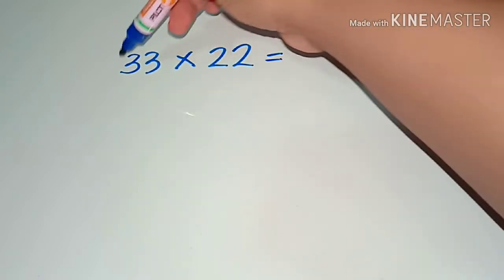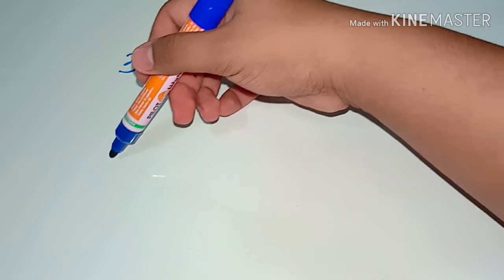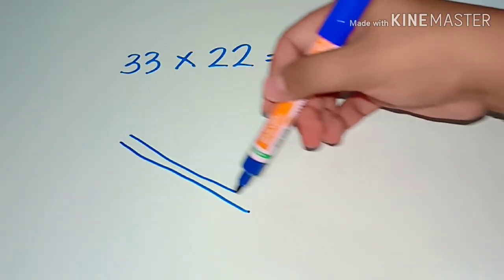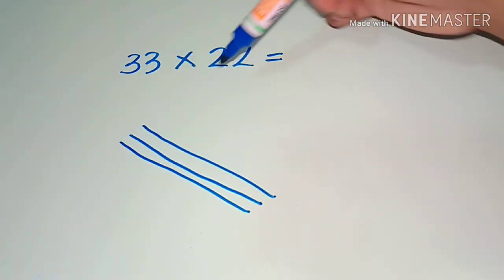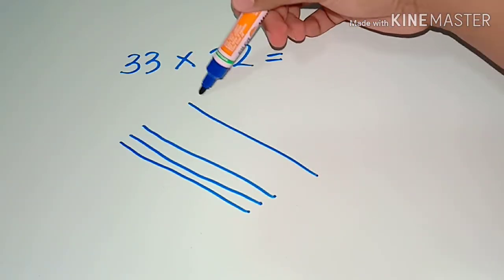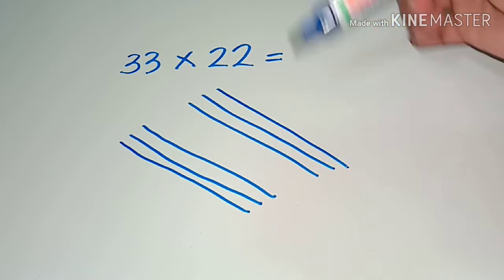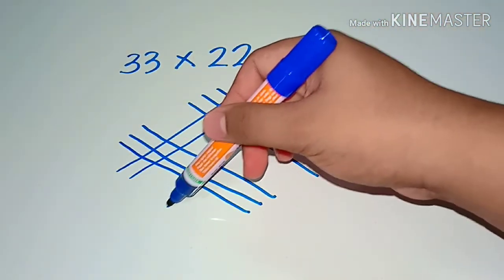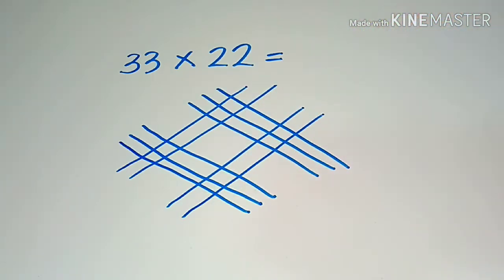Next example, what if we are multiplying 33 times 22? So first, do diagonal lines for 33. So 1, 2, 3, 1, 2, 3, and then for 22, 1, 2, 1, 2.